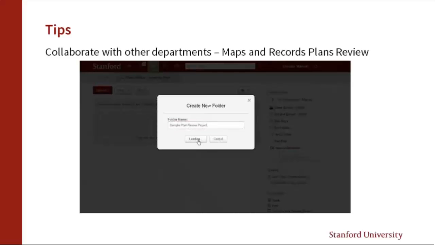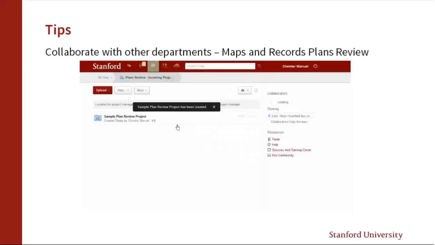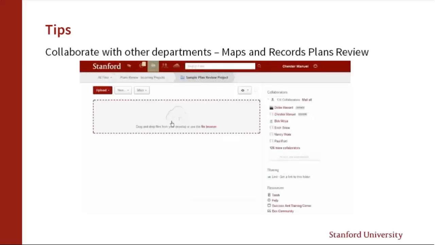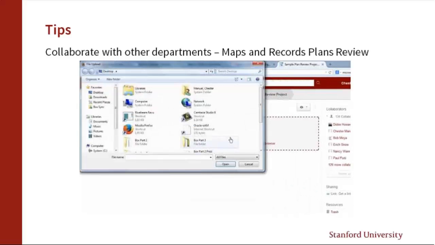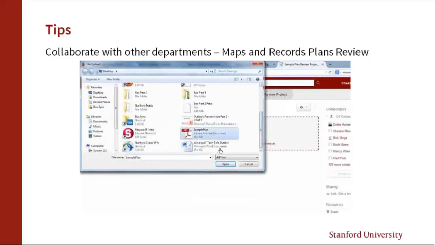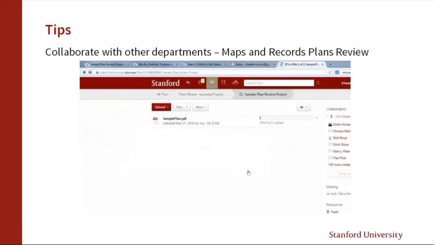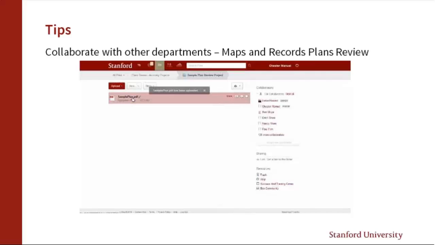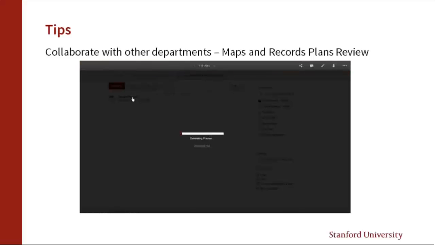That way you can add plans and share with other collaborators. Click on the file browser and select the plan that you want to upload. Once it's finished uploading, your collaborators may now view it from any device, from the desktop, iPad, or iPhone, without any extra software. This saves them extra steps in planning.